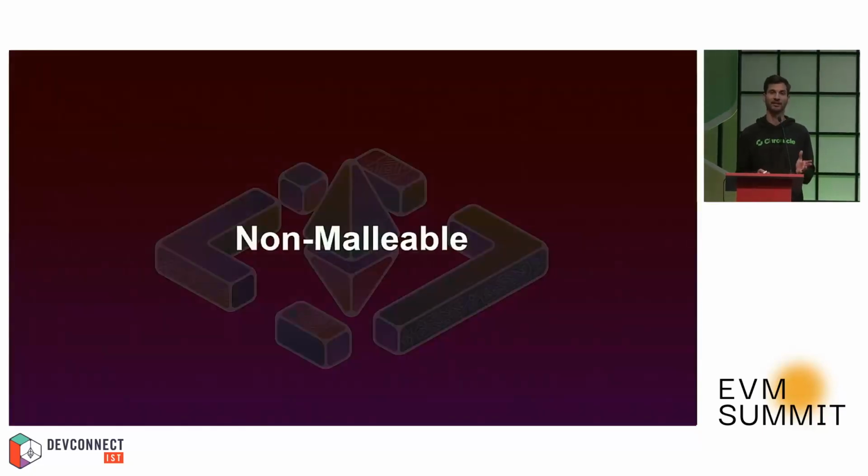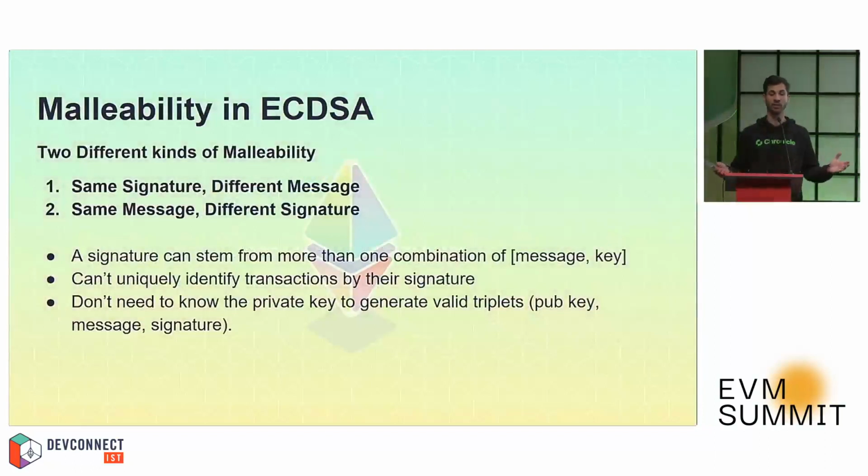Now, I think one of the more important properties is malleability. Schnorr signatures are provably non-malleable, whereas in ECDSA you don't have this property. So what does that mean? Well, it means that signatures are not unique.